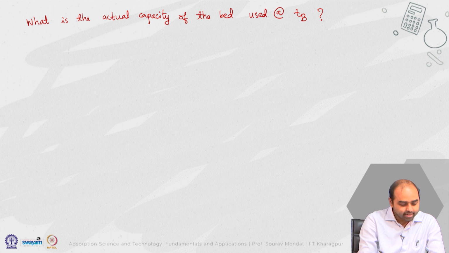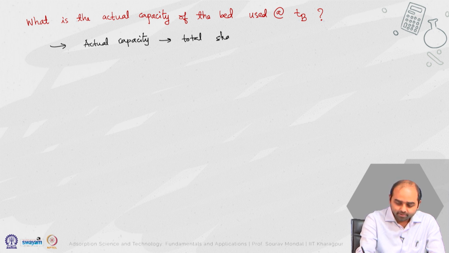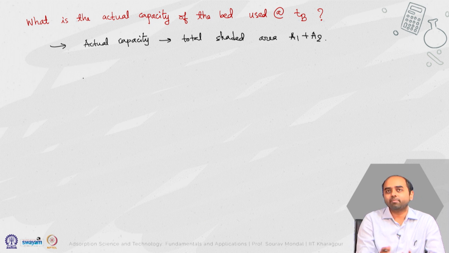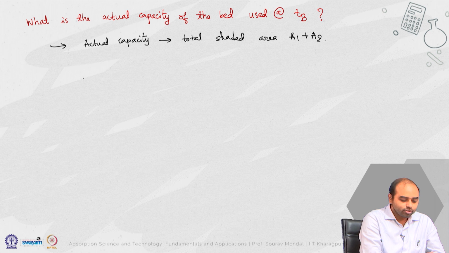So, in this case, first we have to find the actual capacity from the total shaded area represented by A1 plus A2. Now, of course, this A1 plus A2 represents the stoichiometric capacity.